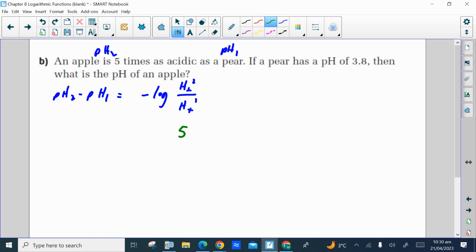We got our answer of 12,589 times more acidic the cola was compared to the milk. So that'll be negative log 5. On the right side, the pH of the pear, which is pH 1, is 3.8. So we need to solve for pH 2.